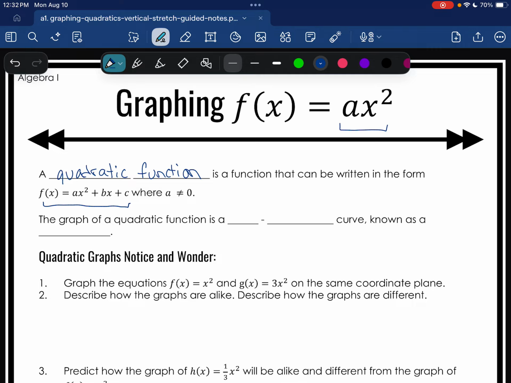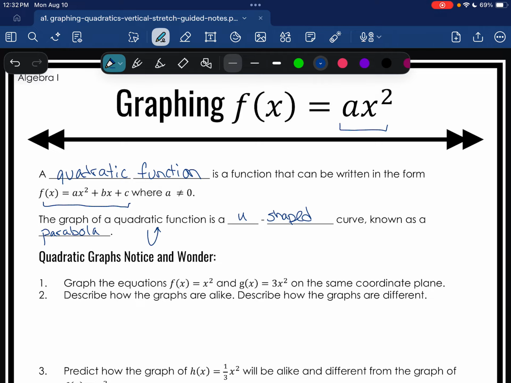The graph of a quadratic function is a U-shaped curve known as a parabola. All right, so a parabola is going to be U-shaped, so it's going to look like this.